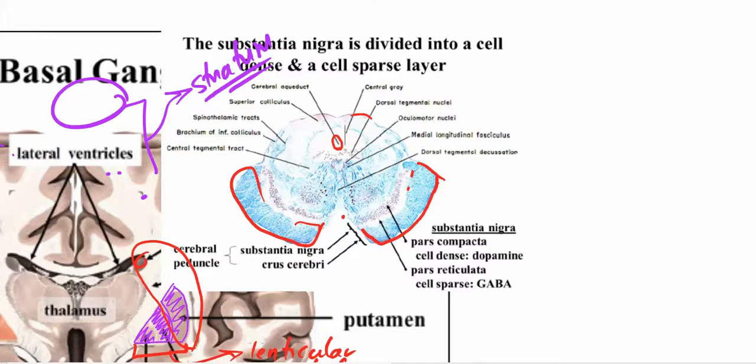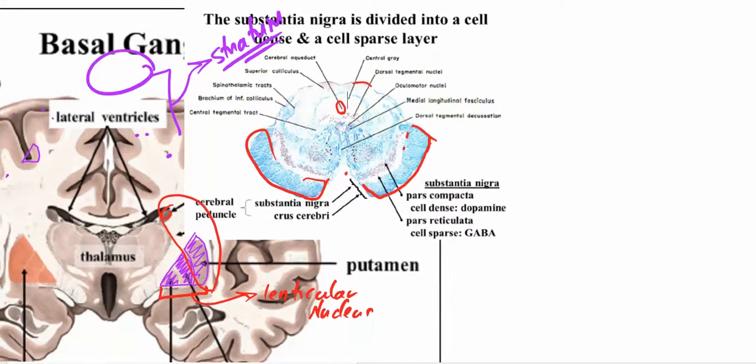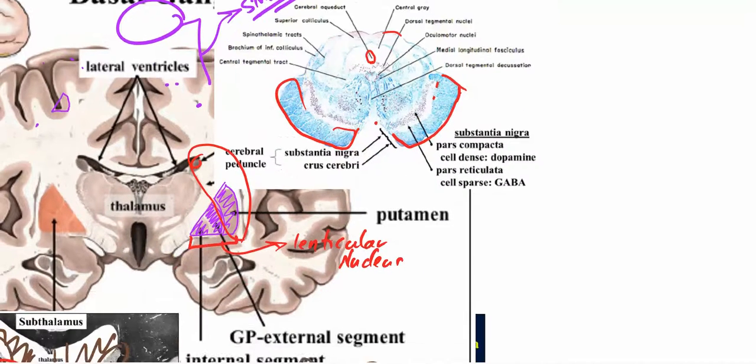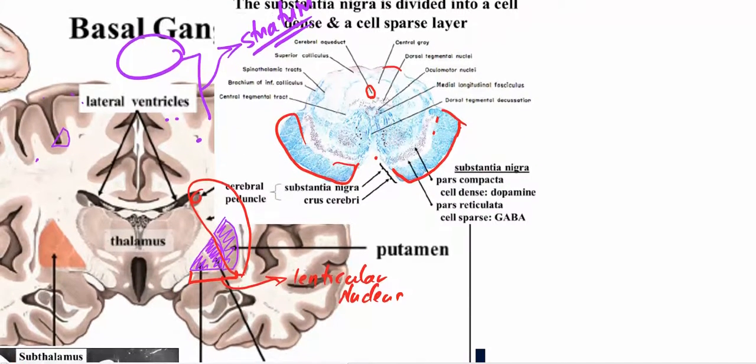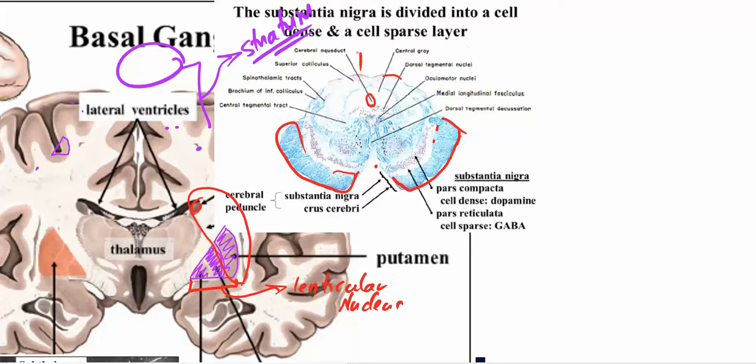Your superior colliculi are on the dorsal aspect. So the bottom of the image is anterior and the top of the image is posterior. This would be posterior, and this is anterior. But I'm just saying dorsal in relation to the crus cerebri. No, it makes sense. It's behind the crus cerebri.